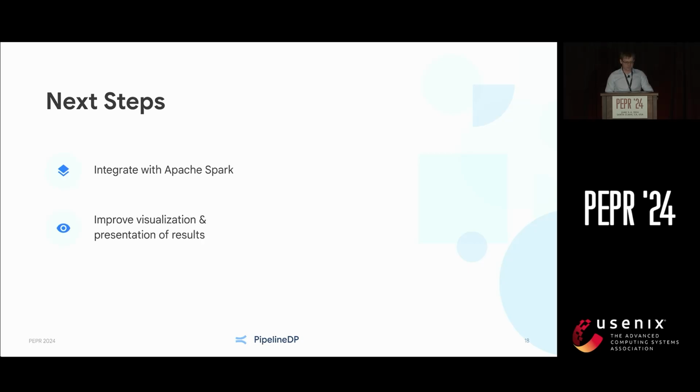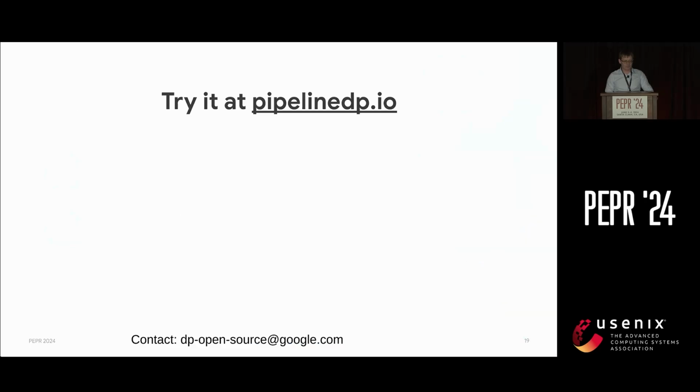Another thing we found pretty complicated is how to convey results to clients, and how to convey the results to non-experts, because DP is complicated and different people are interested in different metrics and so on. These are things to do.